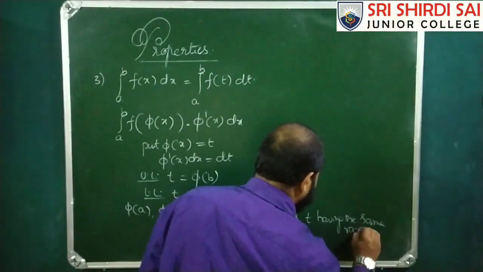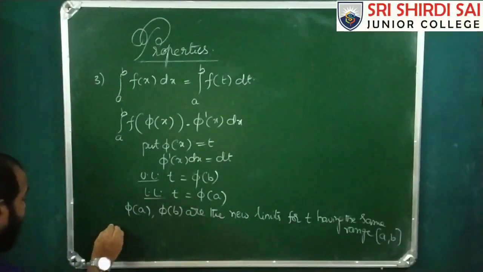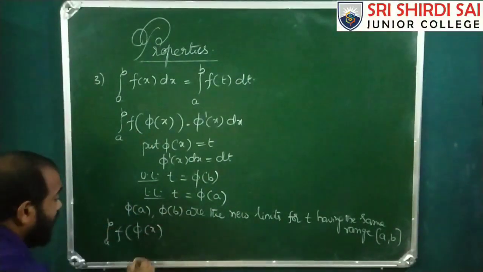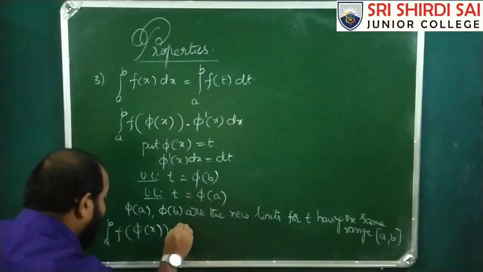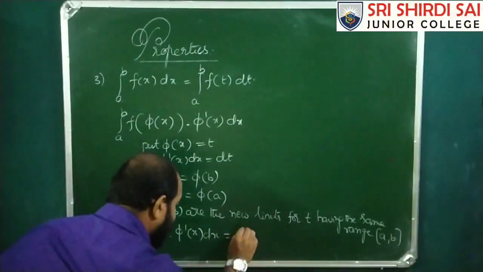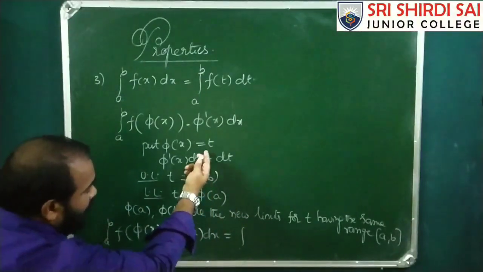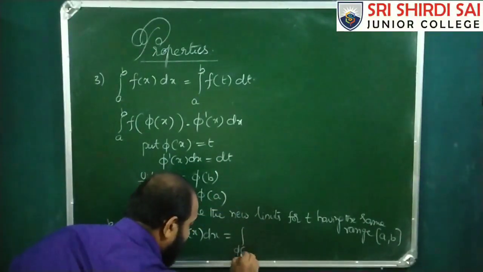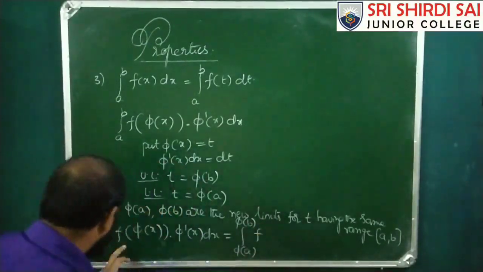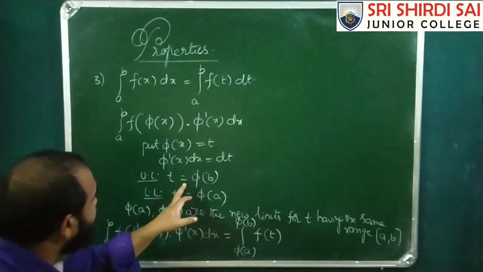Therefore integral a to b of f of phi of x into phi dash x dx is equal to the integral with the new limits for the variable t, phi of a to phi of b, of f of t dt, since phi of x is t and phi dash x dx is dt.